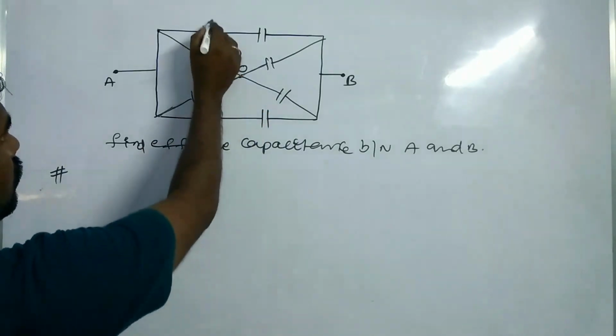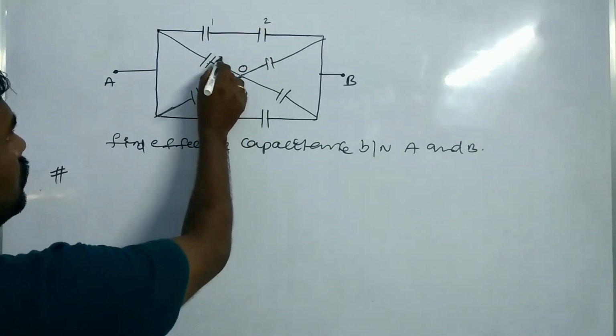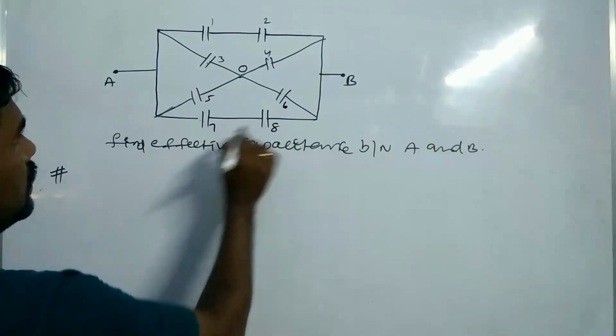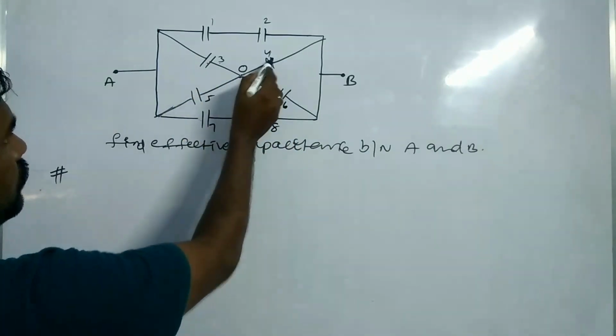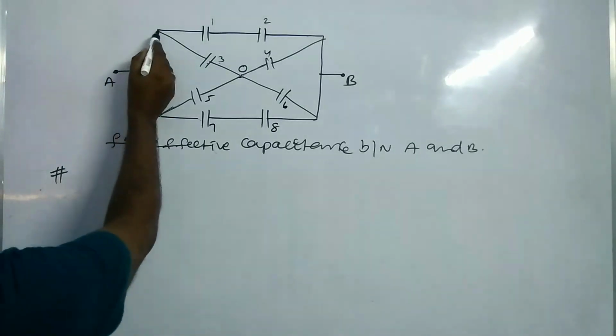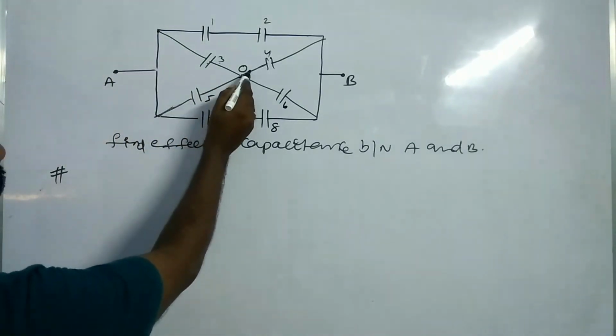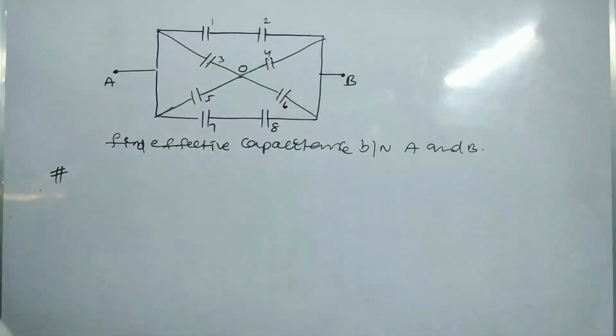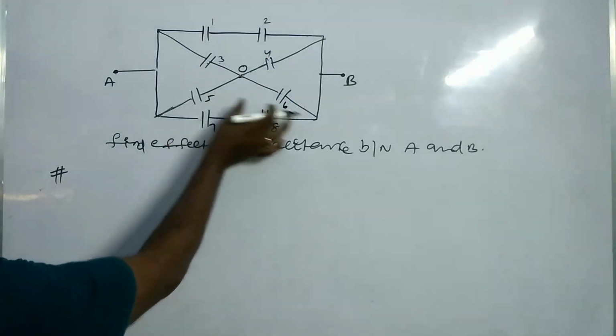For example, here is the first capacitor, second, third, 4, 5, 6, 7, 8. The third and fourth capacitors are in series combination, because the second end of the third is connected to the first end of the fourth capacitor. Similarly, the fifth and sixth capacitors.